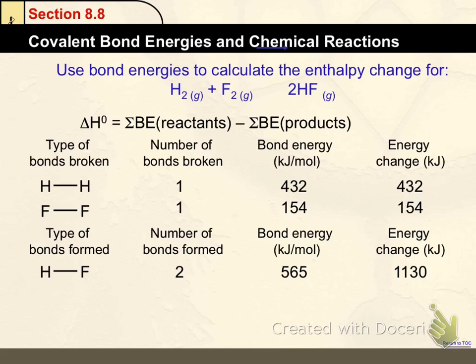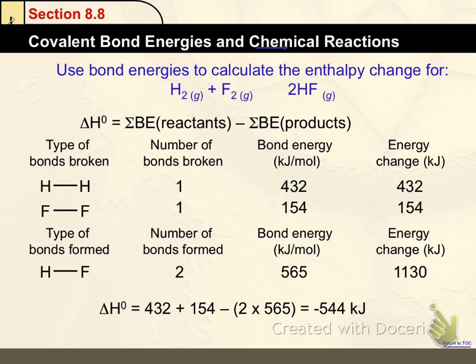Okay, and our overall reaction is going to then take the bonds broken minus the bonds formed, and you're going to get an overall number at the end of the day that comes out to negative 544 kilojoules of energy that should be released.